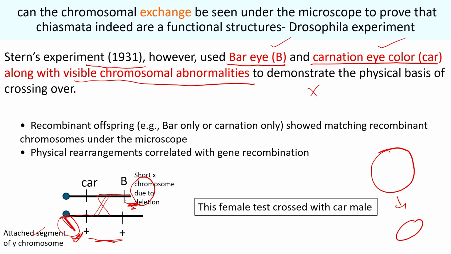That is how, using this heterozygous female, and then crossing it with a recessive male with the carnation gene, he ended up identifying that crossing over indeed is a process where the chromosome breaks and rejoins, right.